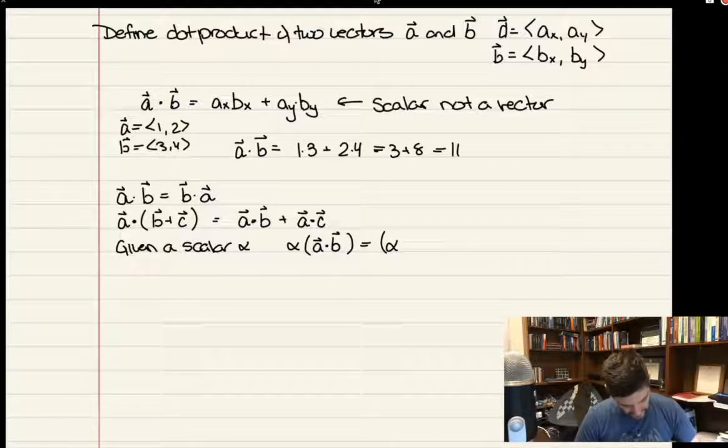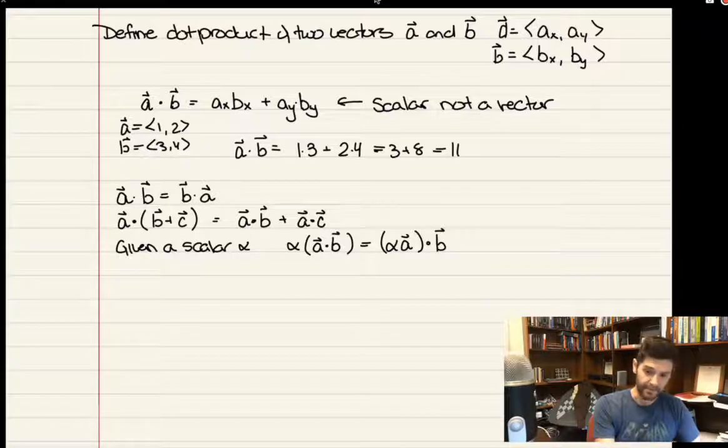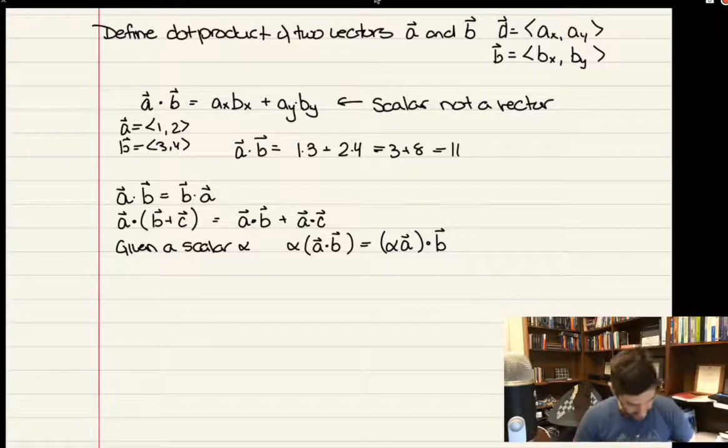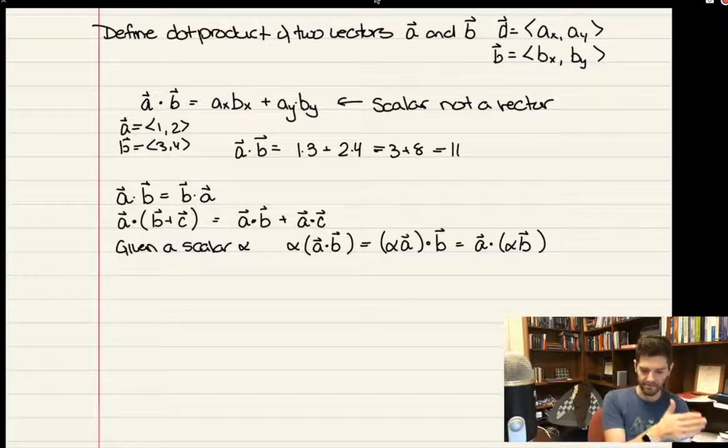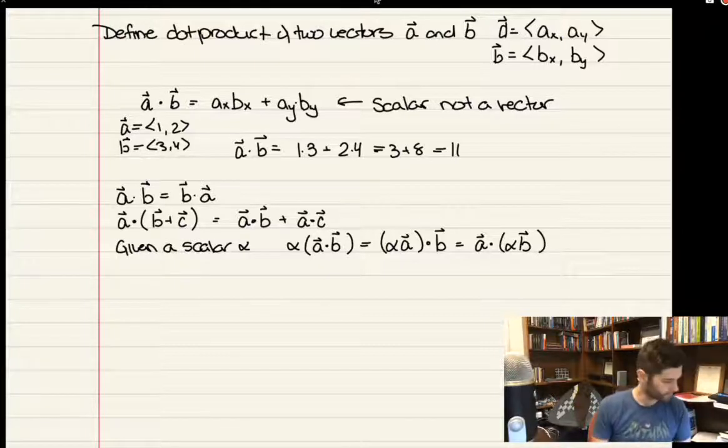The scalar multiple distributes, so that's also the same thing as take alpha, multiply by A, that gives me a new vector, then take the dot product with B. Scalars distribute through the multiplication sign. Just like 1 times 2 times 3, I can move the 1 into different spots. That is the same thing as 2 times 1 times 3, or 2 times 3 times 1 in that case.